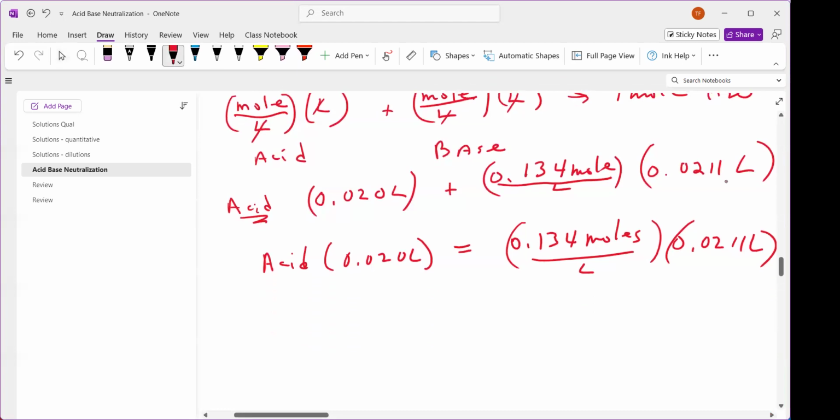Now, whenever we talk about concentration, we can use square brackets instead of moles per liter, or we can say M, capital M. So the concentration of the acid is equal to, now we're going to isolate the acid.